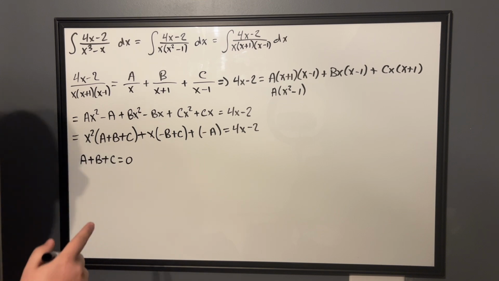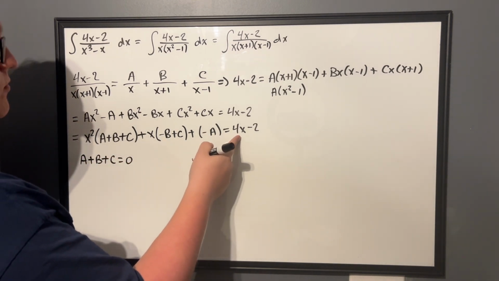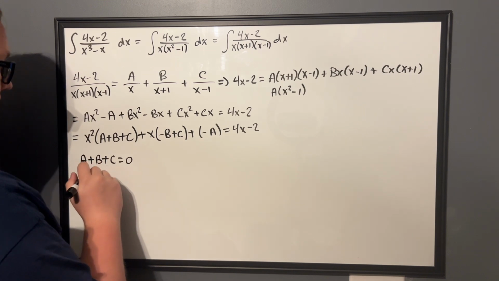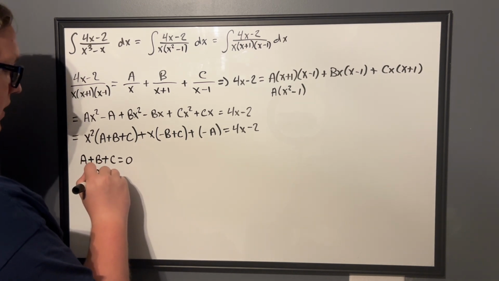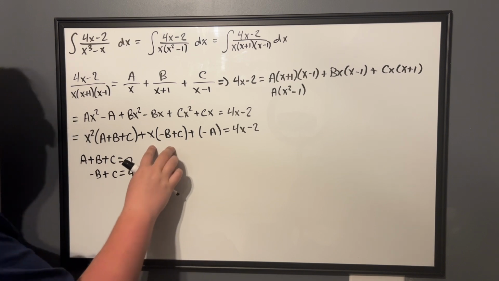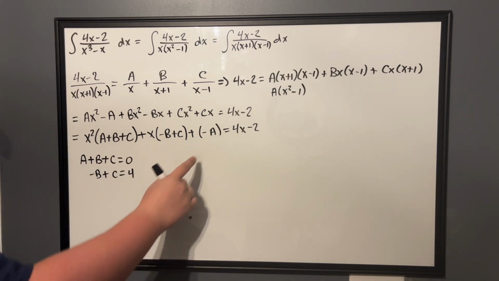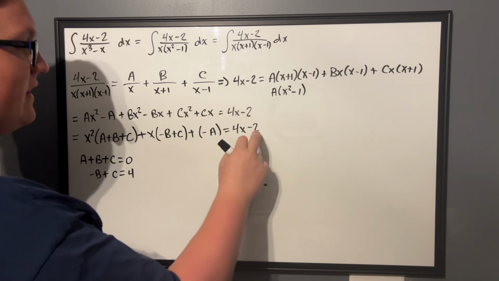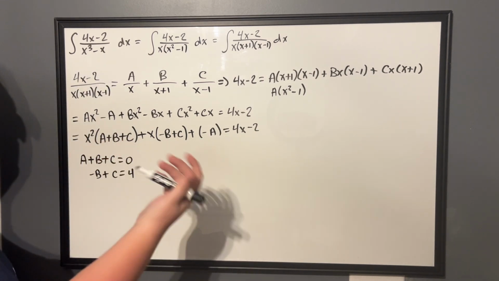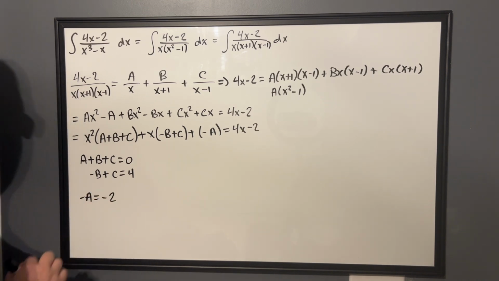We also know that we want the x terms to match, and we have a coefficient of 4 out in front. So that tells us that negative b plus c should equal 4. Because then we have 4x, and that's what we want. And the last one is the only constant term, negative a, and we want negative a to equal negative 2.